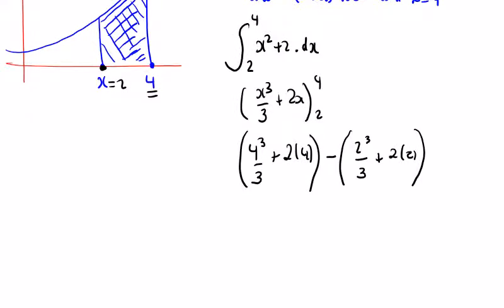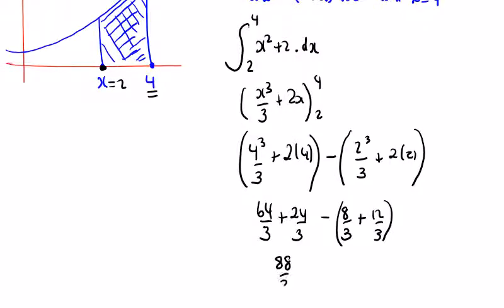And what does this give us? 64 over 3 plus 8, which is 24 over 3, minus 8 over 3 plus 4, which is 12 over 3. So we're going to get 88 over 3 minus 20 over 3, which is equal to 68 over 3 square units, or units squared.